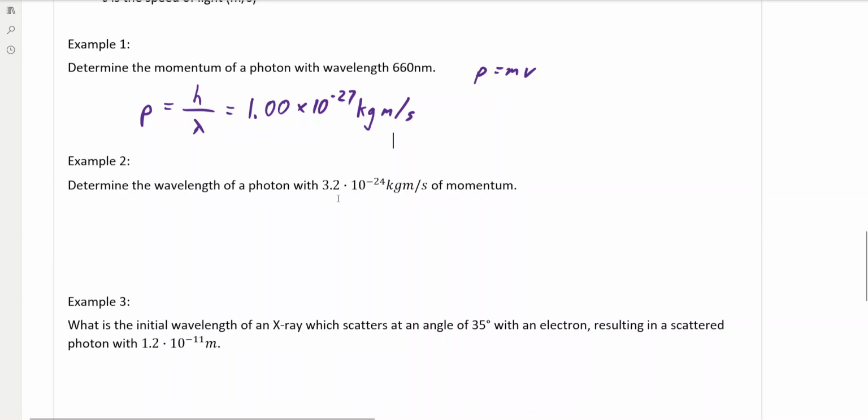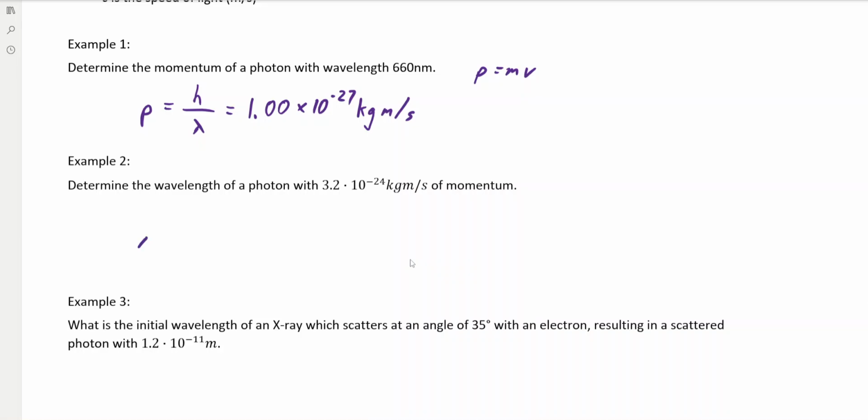Determine the wavelength of a photon with 3.2 times 10 to the 24 kilograms meters per second of momentum. So what we're seeing here is we're just reversing the equation.